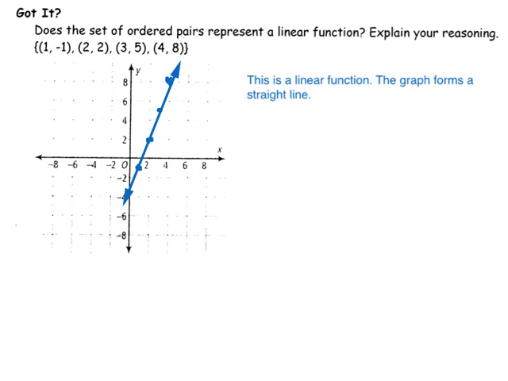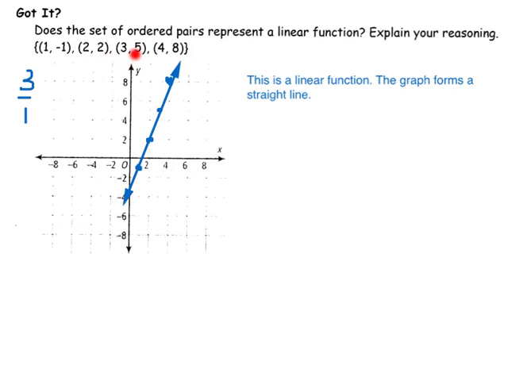So if you look at the change in the y values, here's my first y value and here's my second one. So that goes up 3, while the x's go up 1. So that's up 3 over 1. The second one, between this point and this point, the y values go up 3 and the x values go up 1.